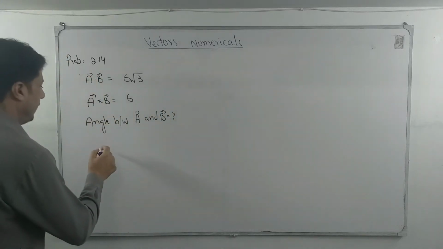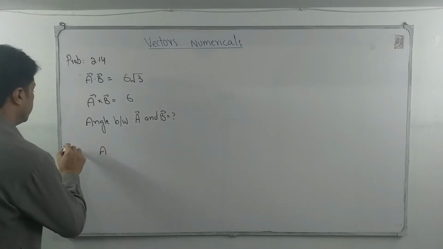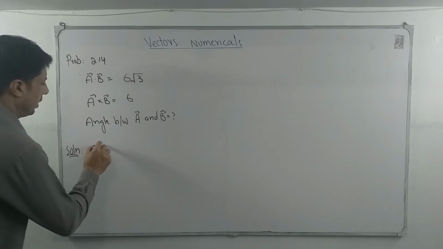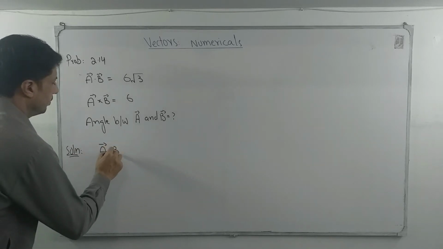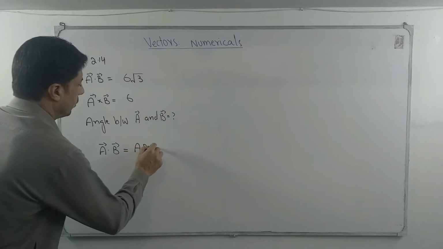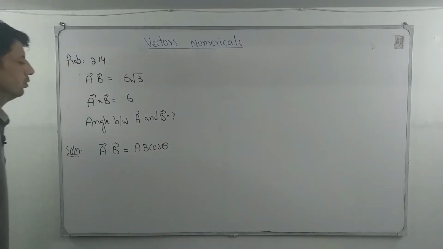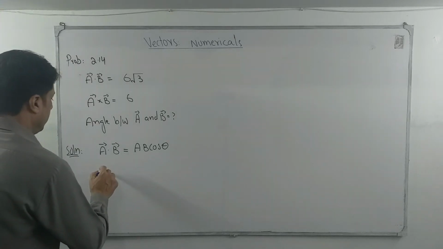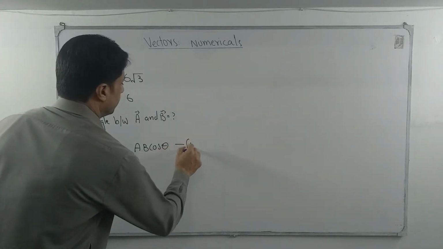So we know that A dot B is equal to AB cos theta. This formula is for the dot product between two vectors, and this is equation 1.